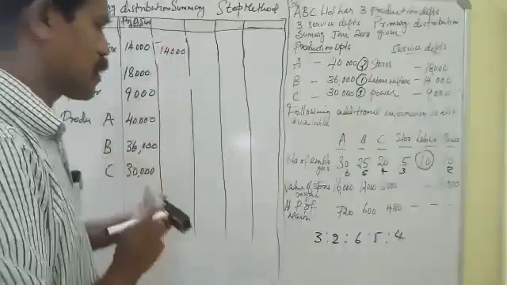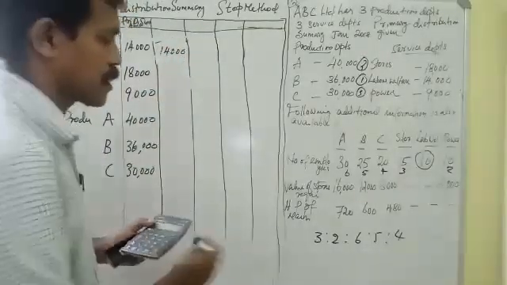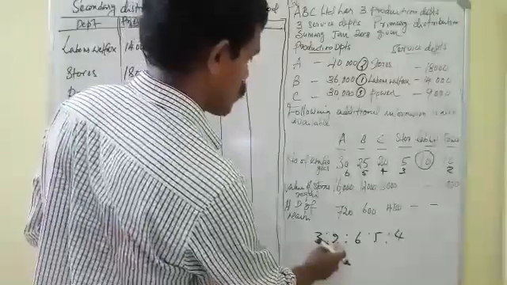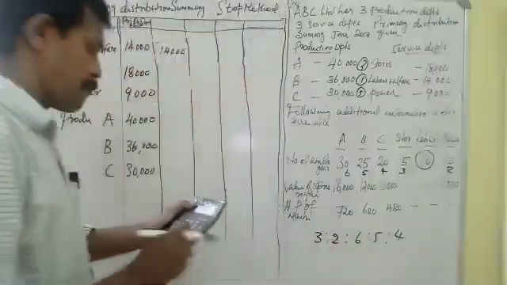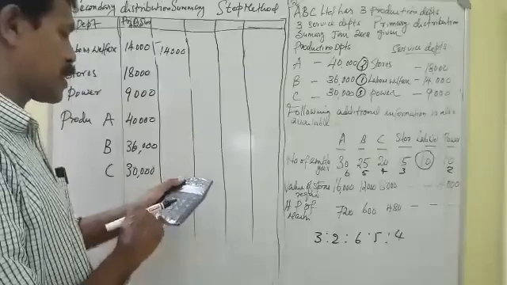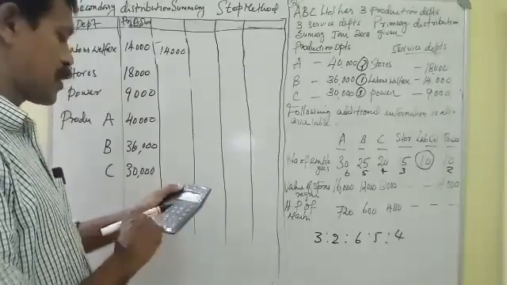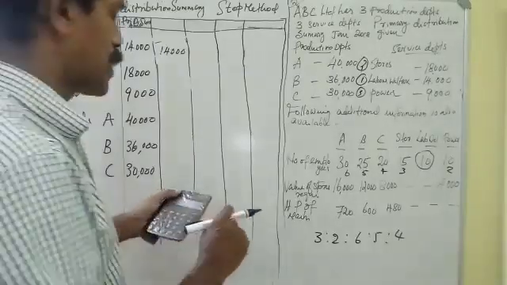Firstly, 14,000. The total of these figures is 20. Then 14,000 divided by 20 is equal to 700.